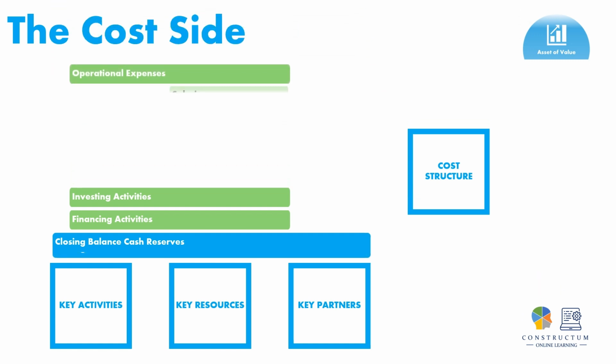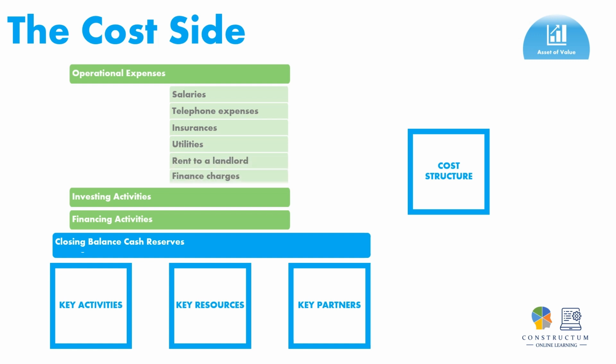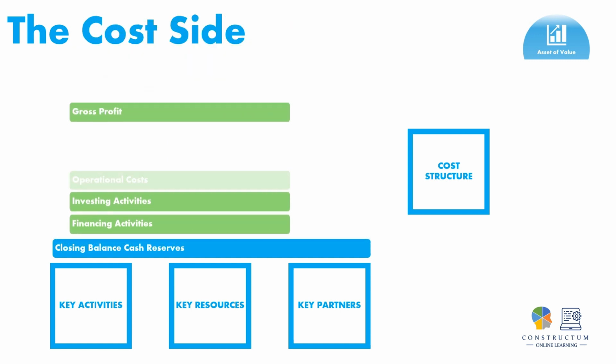Overheads, or operational expenses, are business expenses not related to trading activities. These are expenses that the business incurs regardless of the volume of goods produced or services delivered. Operational expenses can be fixed or variable and may include salaries, telephone expenses, insurance, utilities, rent to a landlord, and interest or finance charges.